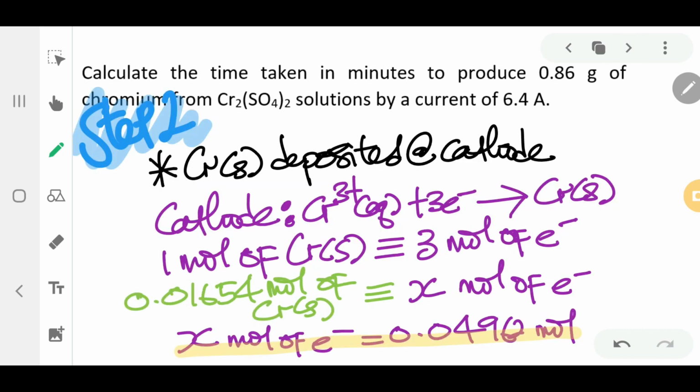And then in step 2, you're going to find out the number of moles of electrons being involved, by doing the proportionality based on the half cell reaction that we have got over here, just like what we have done in problem solving number 1, 2, and 3. So we have 1 mark right here.